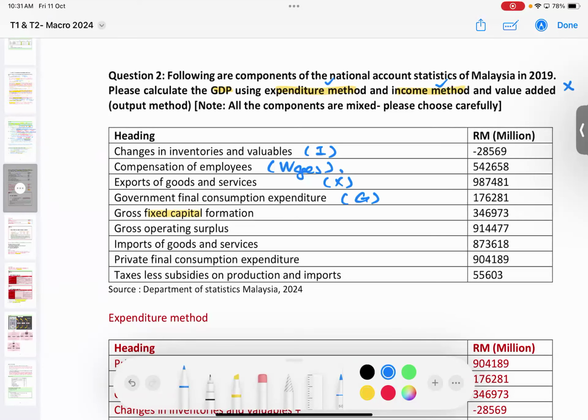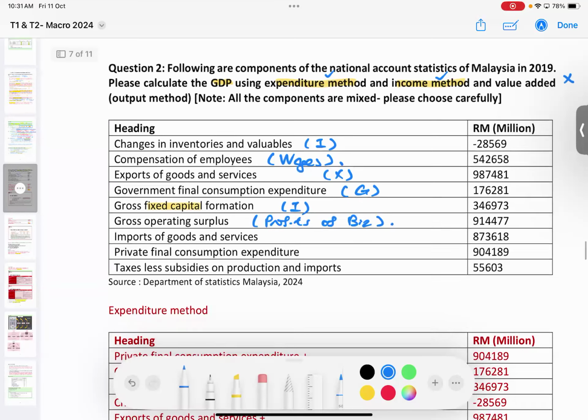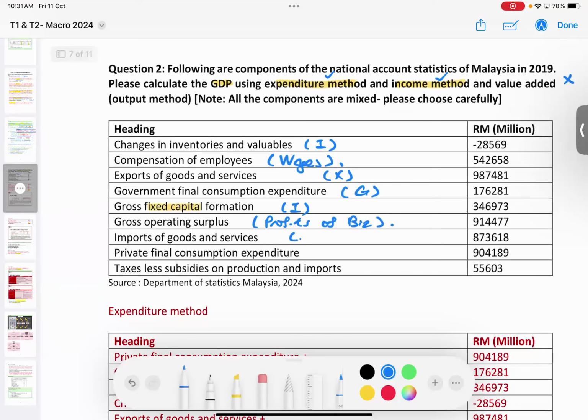So you can put it as I, investment. Gross operating surplus means the profits of the business. Remember, we talked about profits of the business just now. Imports of goods, and private final consumption, that's consumption, C. Taxes less subsidies, what is this? Net indirect tax.